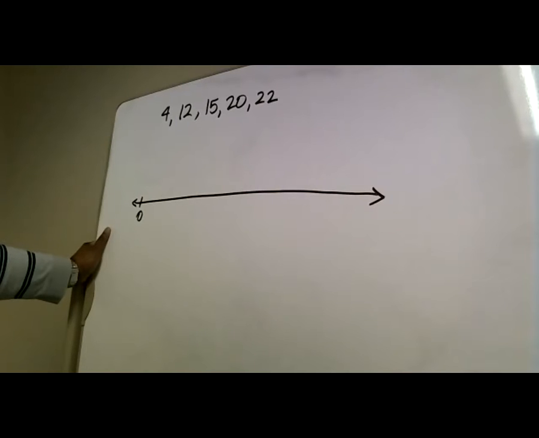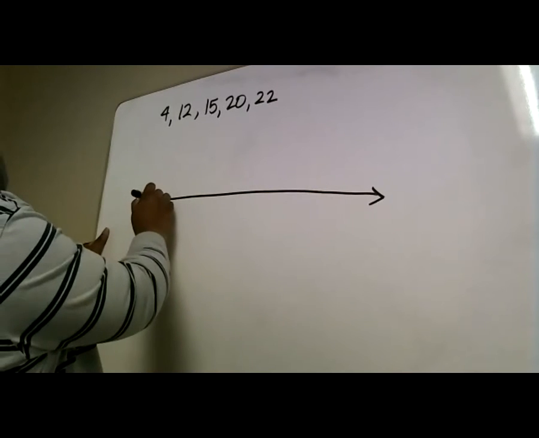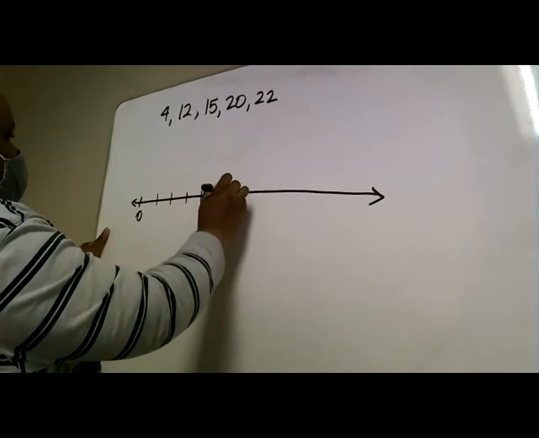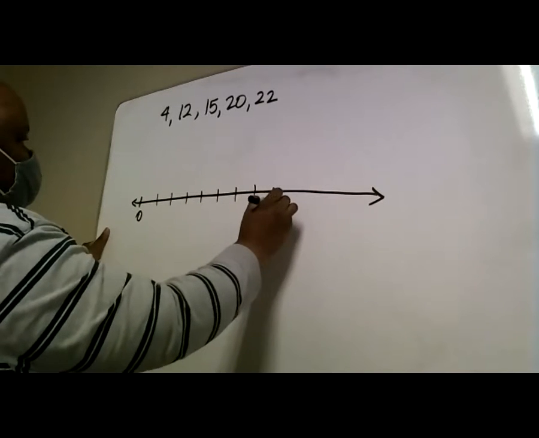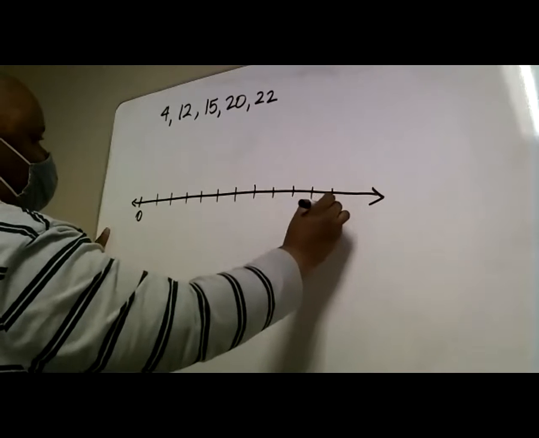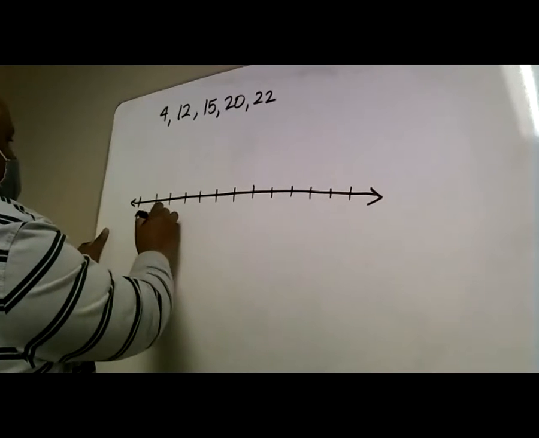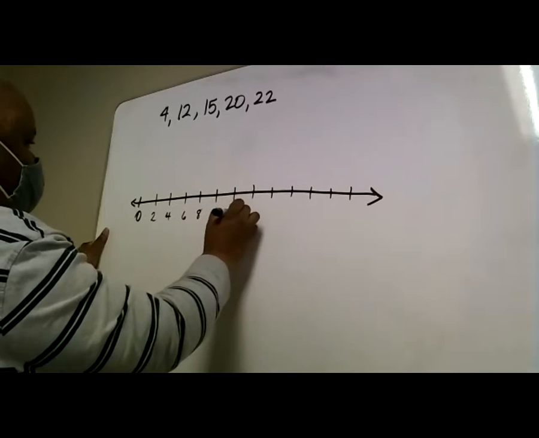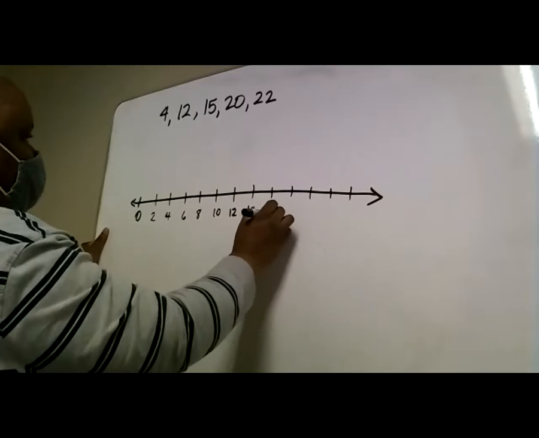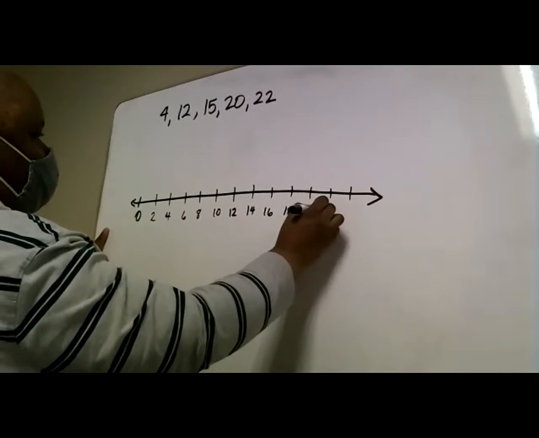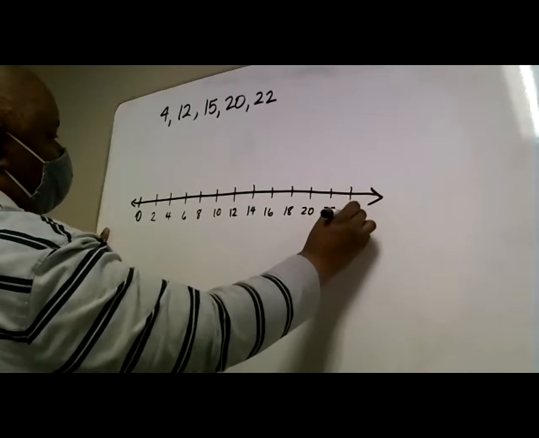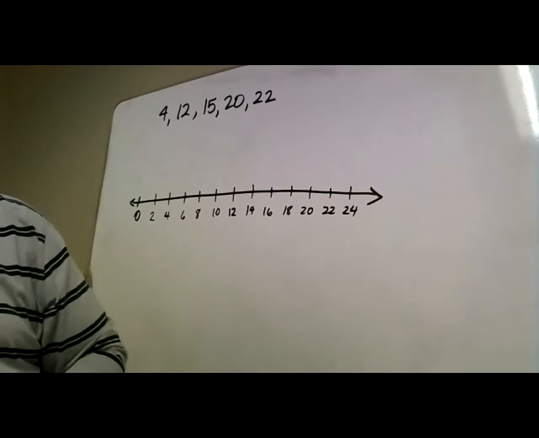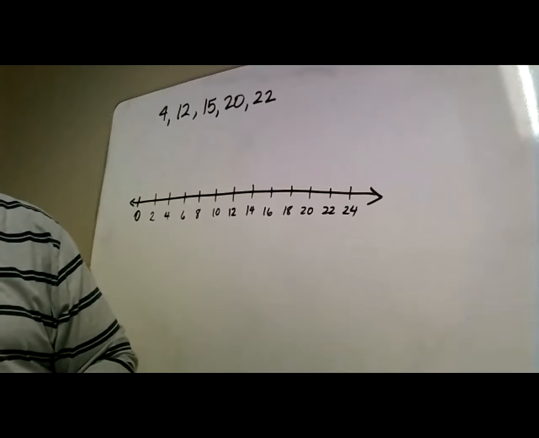Let me see if I can do this in twos. Groups of 2, like 2, 4, 6, 8, 10, 12, 14, 16, 18, 20, 22, 24. Probably easier to do it that way. And from that, we can construct that box plot.